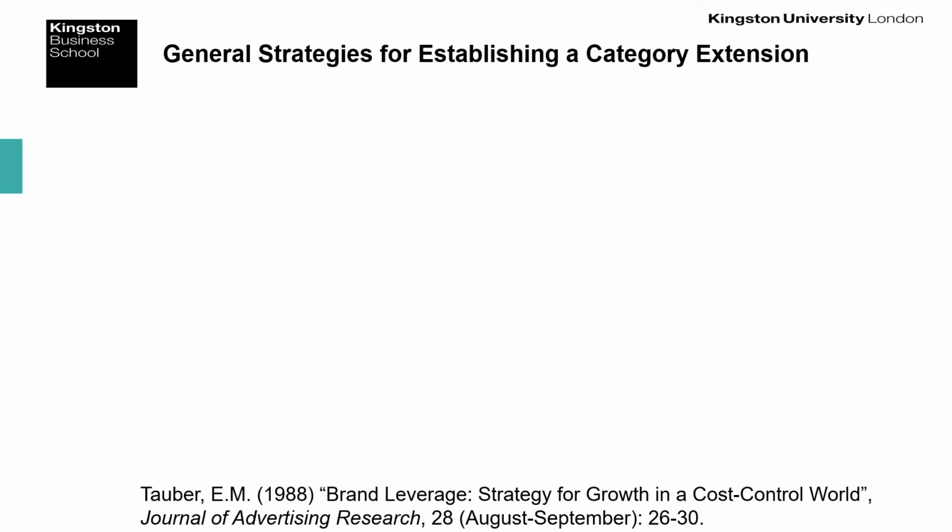Now, way back in 1988, Tauber wrote a very famous paper about category extensions and suggested a number of general strategies for establishing a category extension. And I want you to do some work associated with this slide in preparation for our next class session.